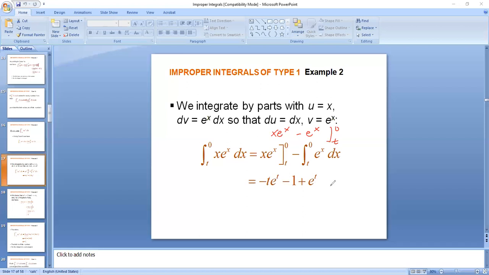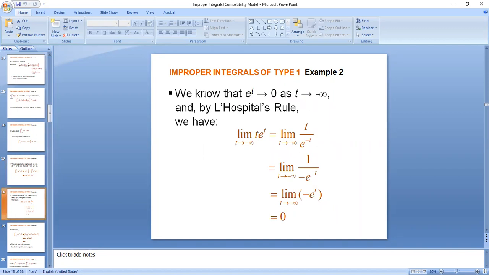But of course, we're not yet done because this is just your integral in which you have substituted the limit. You have not yet evaluated the limit of this as t approaches infinity. And that will be covered on the next slide, as discussed also last meeting. So we know that e raised to t approaches 0 as t approaches negative infinity.